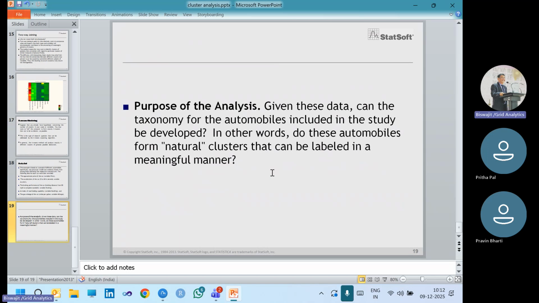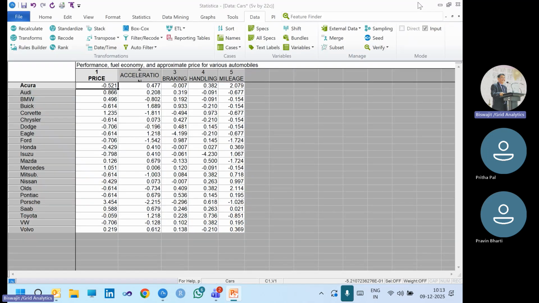So here in the rows, we have the different types of cars. In columns, we have the features of the car. So we wanted to cluster on the basis of the similarities in the features we have, and we develop a taxonomy problem like classification.